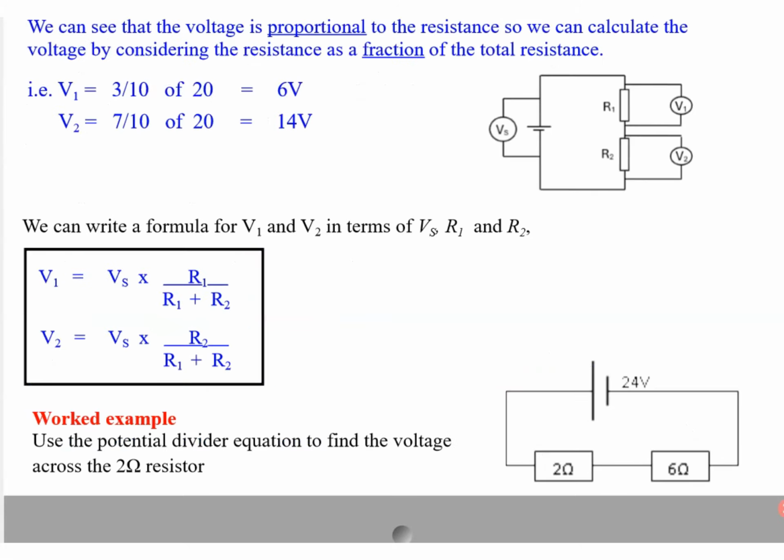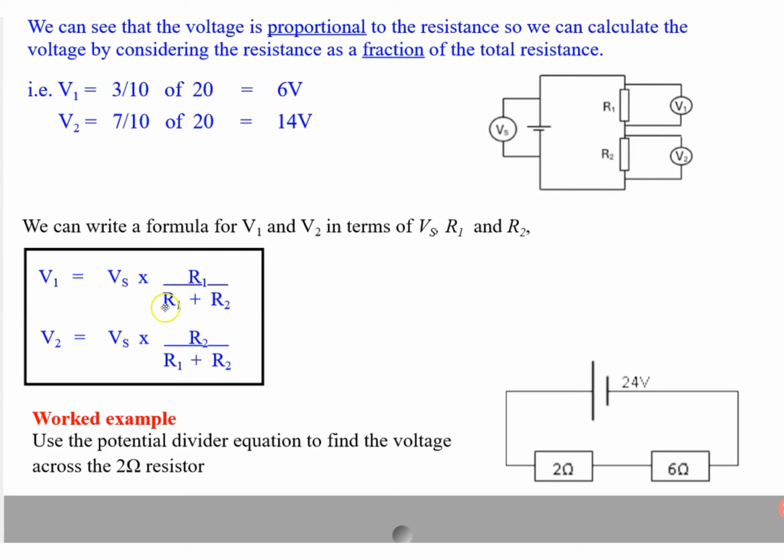This idea that the voltage is split according to the size of the resistance is a fundamental principle behind the potential divider. So we can write a formula for V1 and then V2 in terms of R1, R2 and Vs. For V1, we said 3 over 10, which is R1 divided by R1 plus R2, multiplied by the total voltage, which is 20, and we're calling that Vs here.